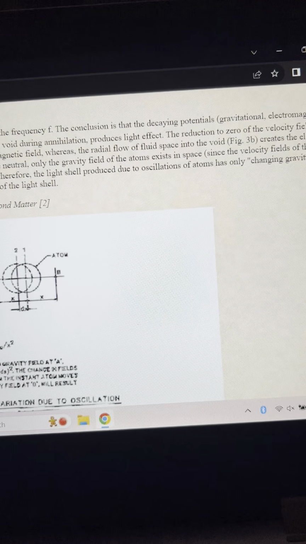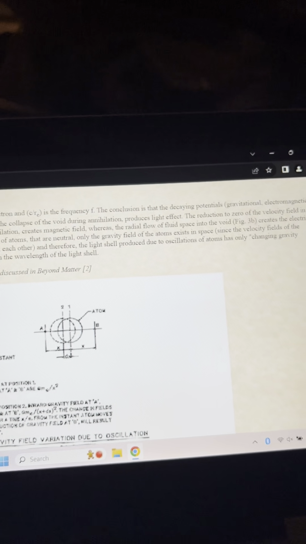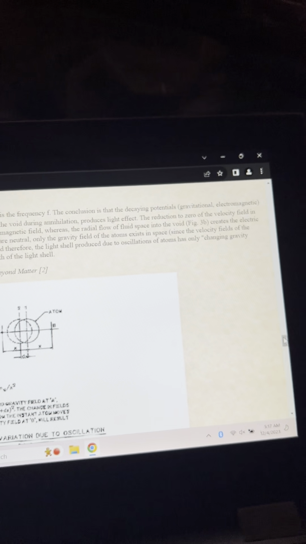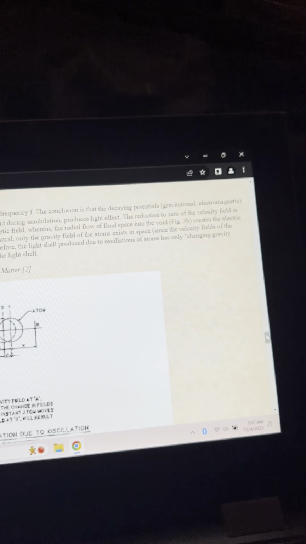Orbital electrons and the nucleus, being opposite in directions, cancel each other, and therefore the light shell produced due to oscillations of atoms has only changing gravity potential, figure 6a, figure 6b, that creates electromagnetic field within the wavelength of the light shell. NB, reasons for the light shell to have negative energy is discussed in Beyond Matter 2.